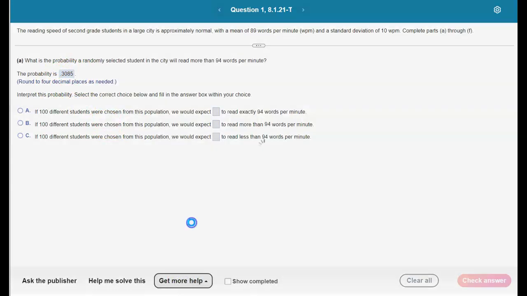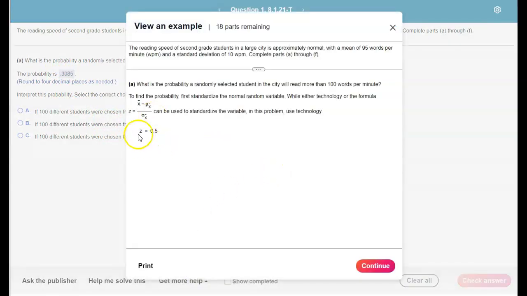If you look at the example and what they say in the example, they tell you to do a standard normal probability distribution. Now, a standardized normal, all you're doing is taking the normal curve and standardizing it where the mean is 0 and the standard deviation is 1.